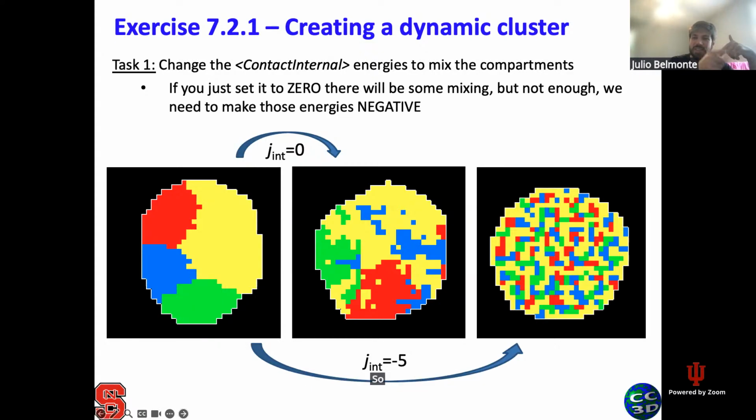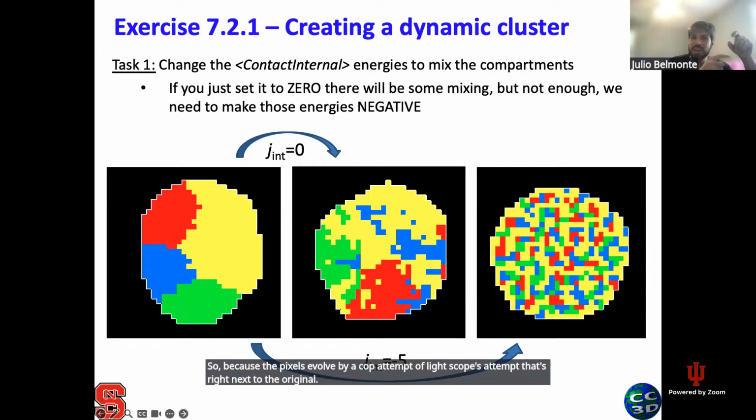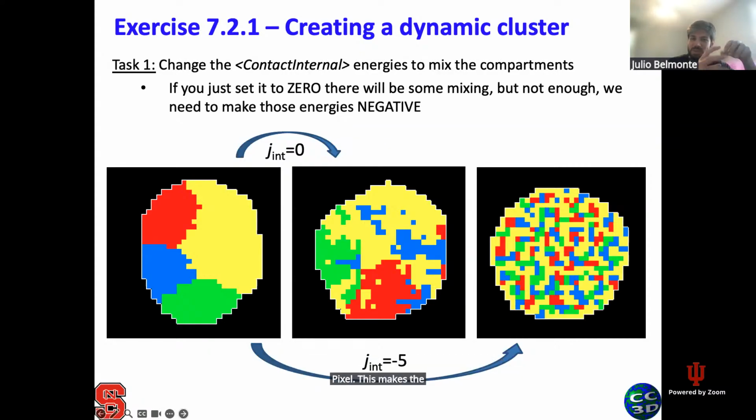So because the pixels evolve by a lattice copy attempt right next to the original pixel, this makes the pixel positions always a little bit correlated. Okay, so that's why they tend to be together, even though they in principle have no preference to be with the blue, the red, or the yellow. It's just that the way that the pixels move inside your compartment is by copying a pixel to a neighboring one. So that's why they become correlated.